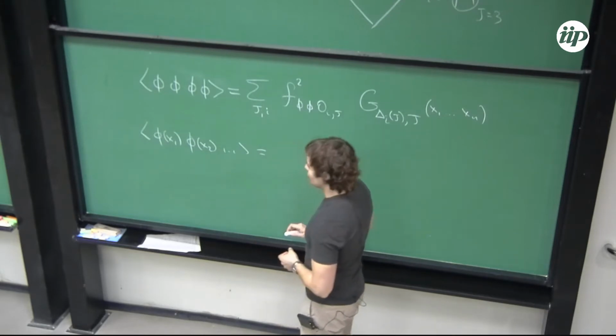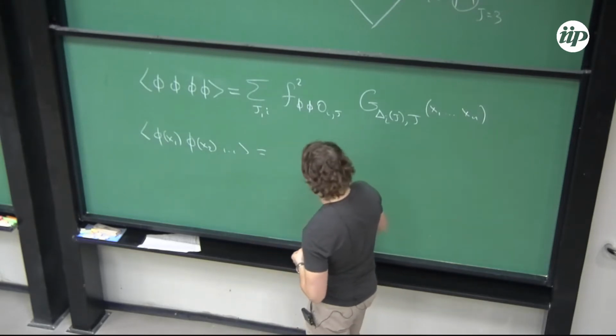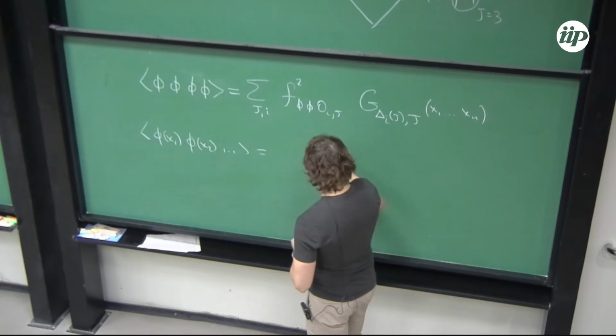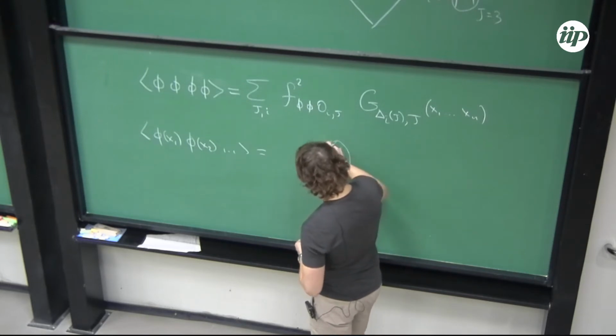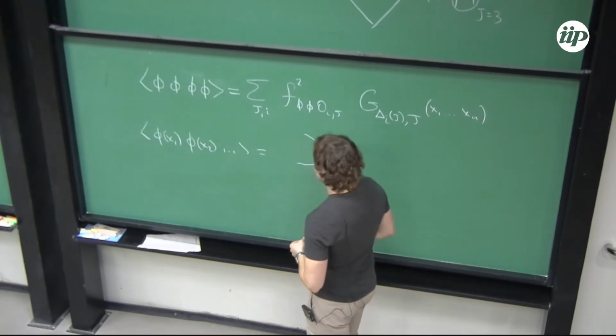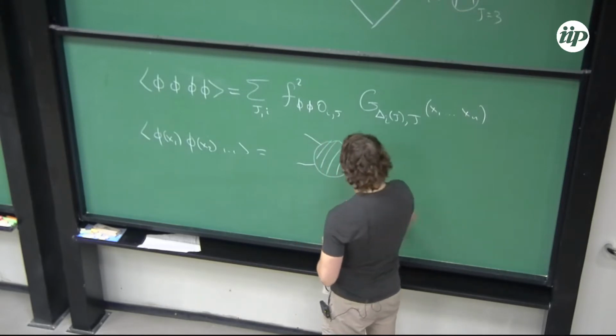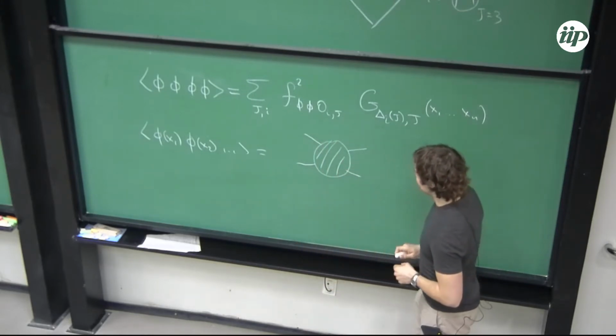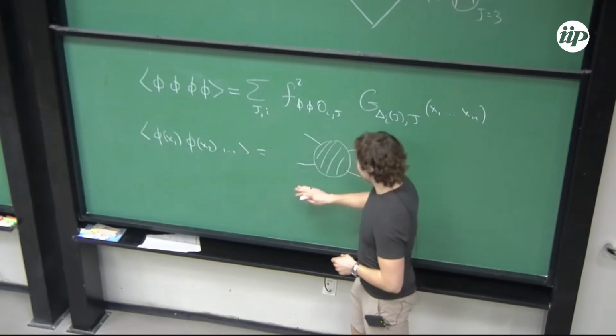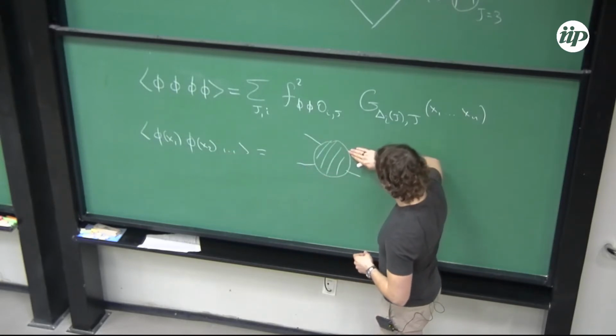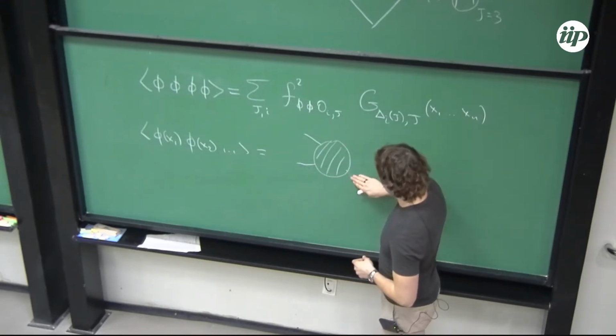So I will draw a lot of pictures because the formulas can get clunky. So I can represent this by a two-point function. I would represent the four-point function by something like this, but because I don't want to think about the other insertions, just about the first insertions, I omit these other two legs.